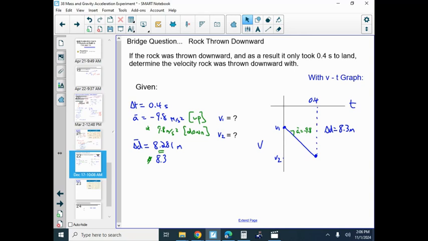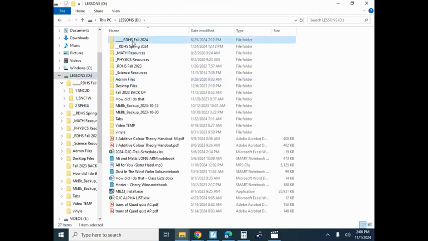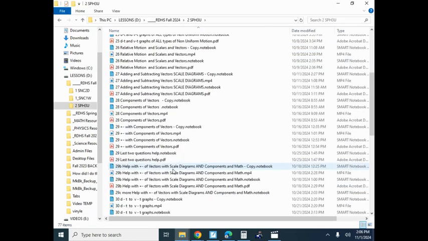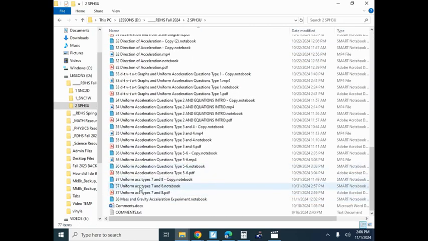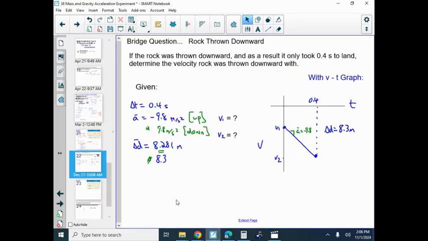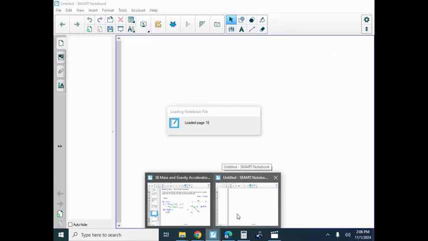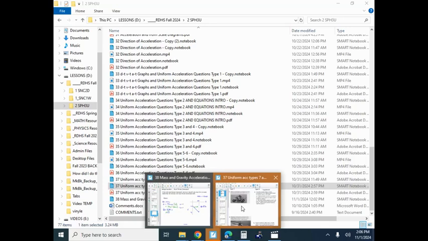So when we're looking at that, if you look back at our types, what type is this one? Kind of thing I'd want you to do if you're trying to tackle this, right? If we look back at our types, what type is it if you're given displacement, acceleration, and time?